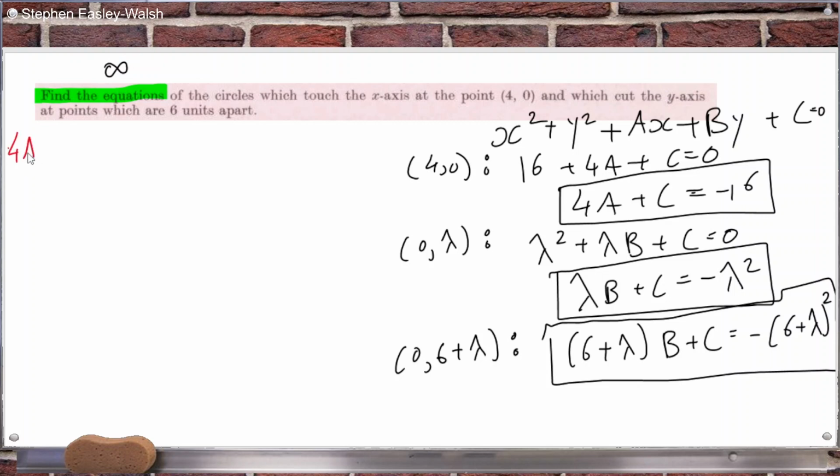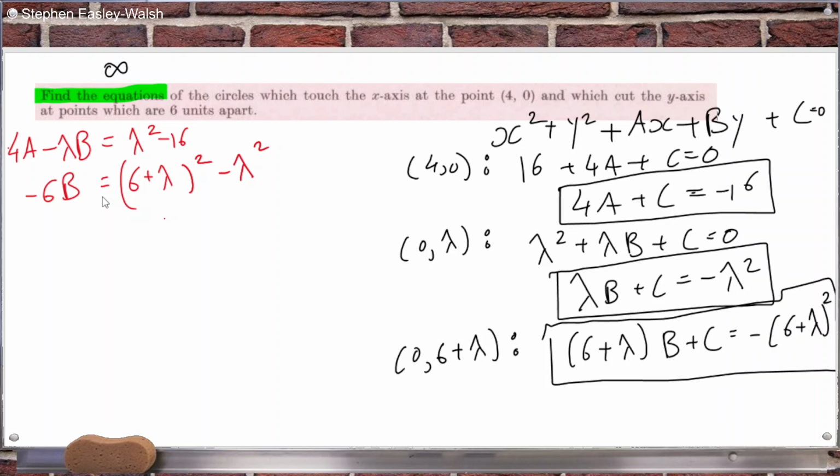So I'll get 4a minus lambda b equals lambda squared minus 16. Likewise, I can subtract the second two equations. So lambda b minus (6 plus lambda) b, that actually is just going to be minus 6b, which is nice. The c's cancel, and here we get 6 plus lambda squared minus lambda squared.